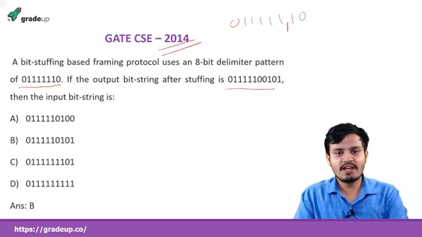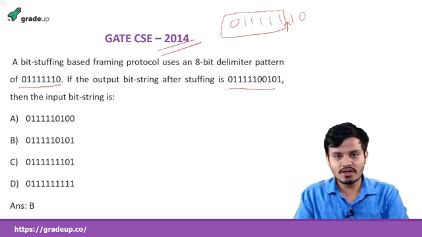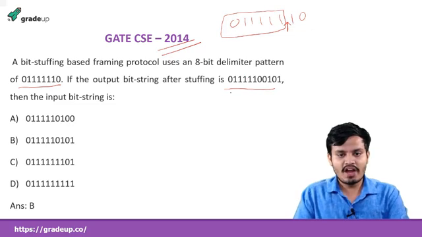So I feel that if I insert it here, it will be good, because whenever our data matches the END delimiter, I will insert a 0 here. So I will try to see here: 0, 1, 2, 3, 4, 5. So this bit is the inserted bit. This bit is the inserted bit.